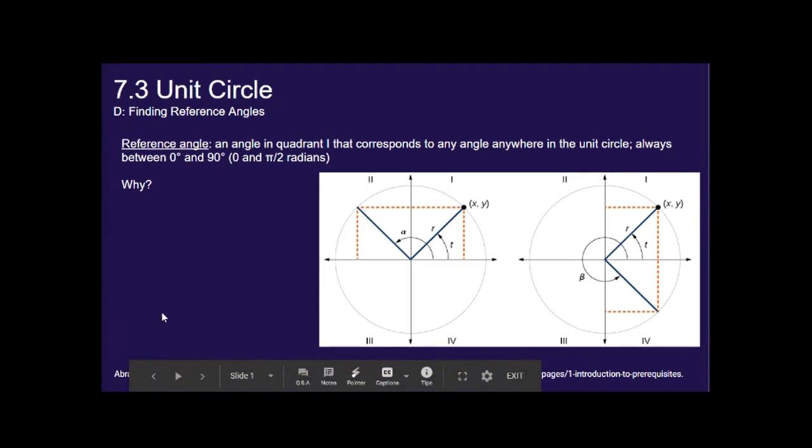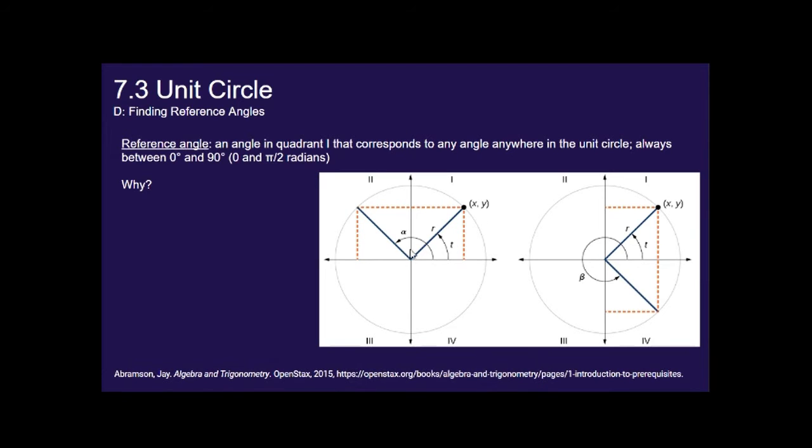If you look at the diagram here, you can see that for any angle in, let's say, quadrant 2, there is a corresponding angle in quadrant 1 that would have the same value for the y, and it would have the same value for the x as well, but it would just be negative.